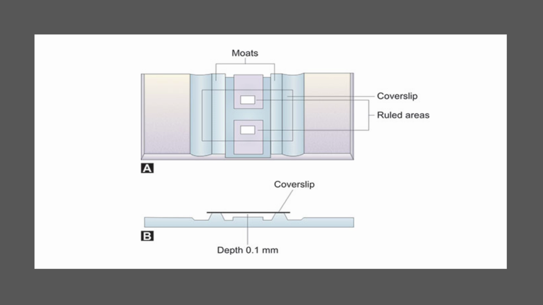To summarize, we have two central platforms which have the counting grids, and two lateral platforms, separated by the moats. When we place the cover slip, the lateral portion is supported by the lateral platforms, whereas the central platform is depressed by 1/10 millimeter, or the depth is 0.1 millimeter.